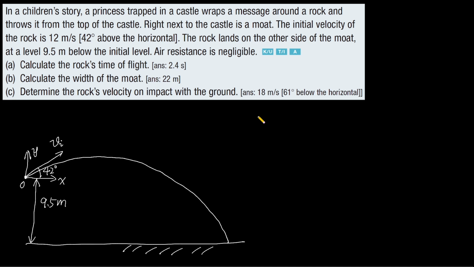So we know the initial velocity is 12 meters per second, and theta, the angle between the direction of the initial velocity and the horizontal level, is 42 degrees. Its vertical displacement is negative 9.5 meters. It's negative because its displacement is in this direction, opposite to the positive y direction.